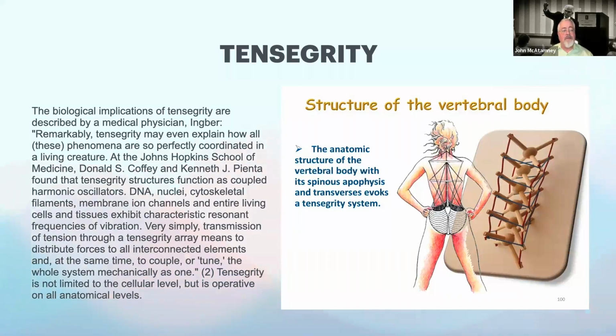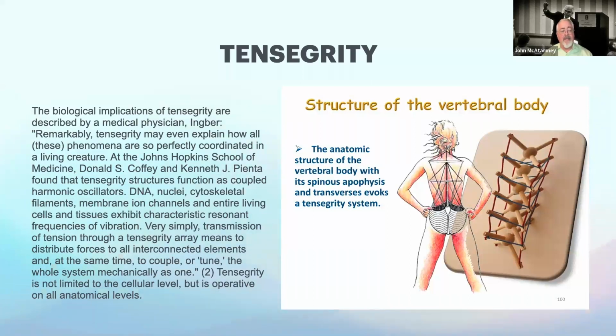The biological implications of tensegrity are described by a medical physician, Ingber. Remarkably, tensegrity may even explain how all these phenomena are so perfectly coordinated in a living creature. At the Johns Hopkins School of Medicine, Donald S. Coffey and Kenneth J. Pienta found that tensegrity structures function as coupled harmonic oscillators. So DNA, nuclei, cytoskeletal filaments, membrane ion channels, and the entire living cells and tissues exhibit a characteristic resonance of frequencies of vibration.